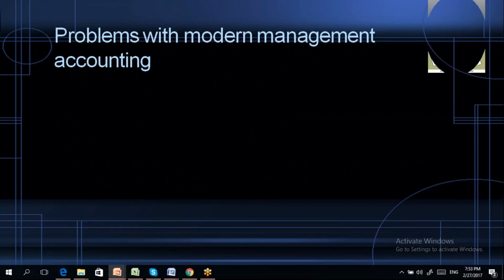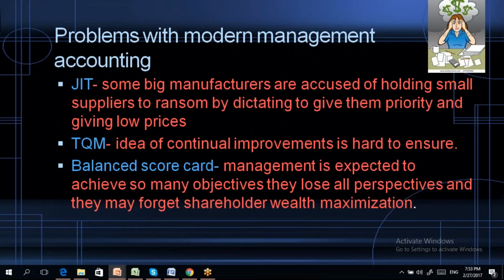What are the problems with modern management accounting? Problems with modern management accounting is because of the JIT, some of the big multinational companies can hold their suppliers to ransom, asking them to give priority for them and giving them low prices, which is not very ethical, which is not acceptable, but this can happen because you are a big customer and your small suppliers will have to rely on you, and therefore they can dictate, don't give it to Kumar, give it to me, your entire supply.